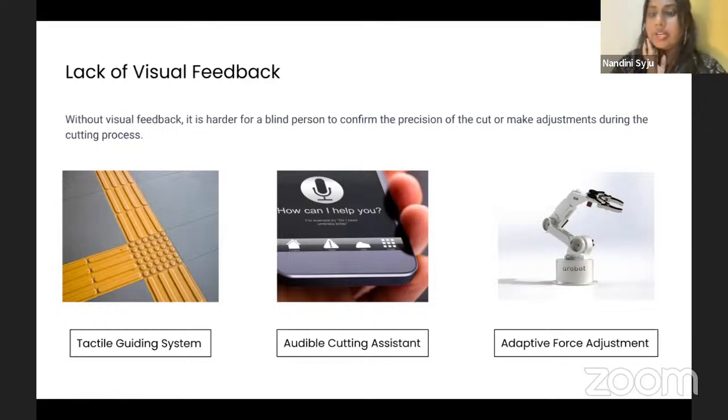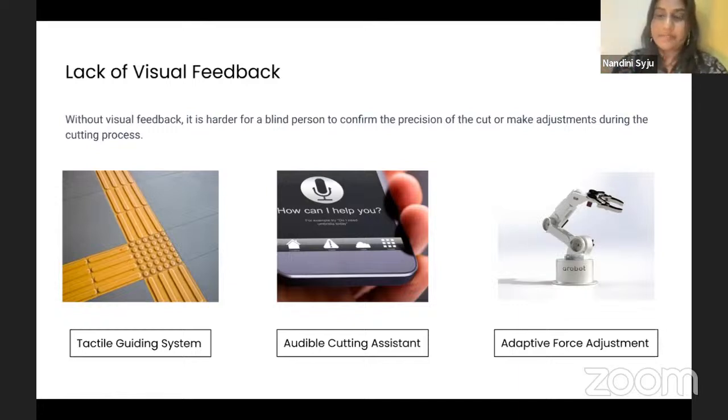So this guy over here, Aerobot, can with precision lift a biopsy slide without cracking it, which is another interesting project that I have worked on. And it can also lift something quite heavy, and it does that by just having that kind of adaptive force adjustment.